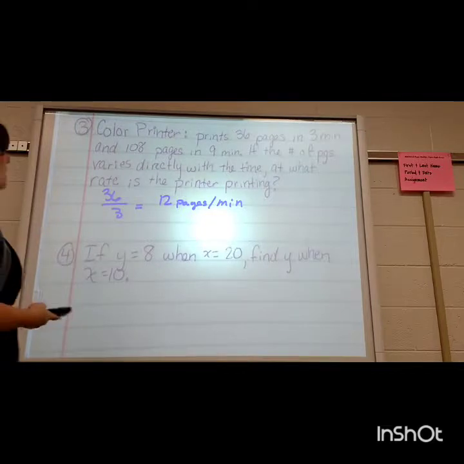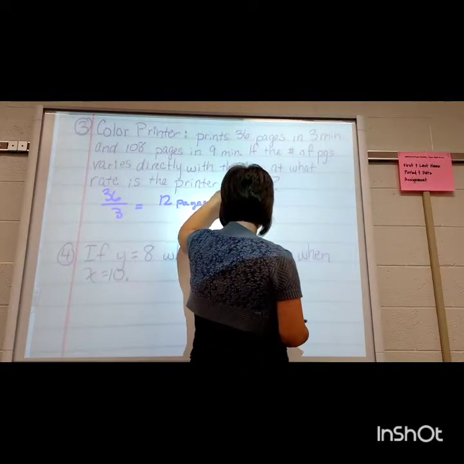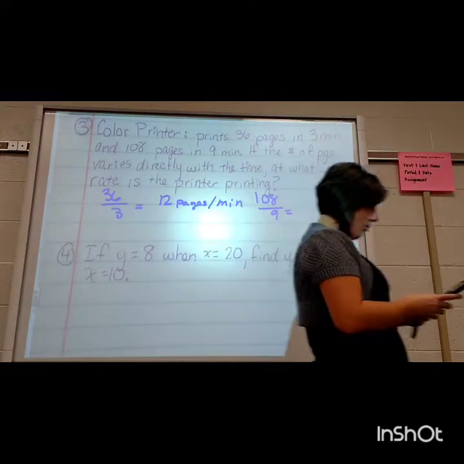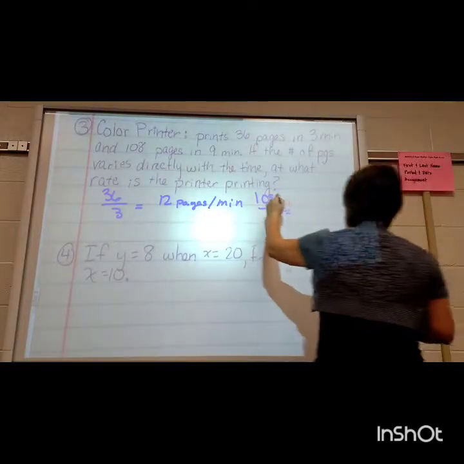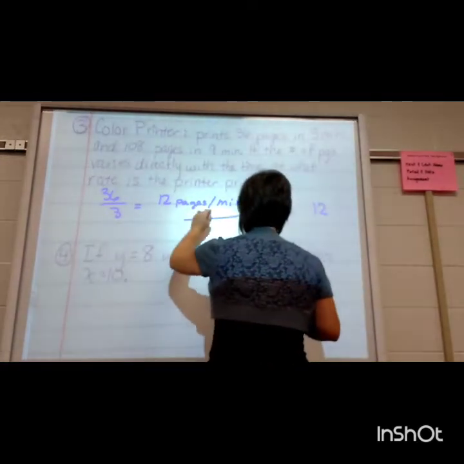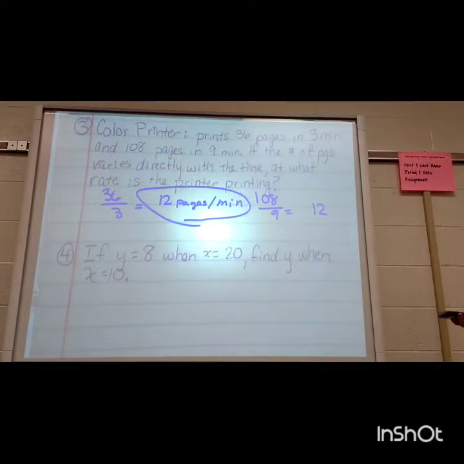The next one was 108 pages in 9 minutes. So you're going to do 108 over 9, and again you're going to simplify. 108 ABC 9, and again I got 12. So I know I'm on the right track, that 12 pages per minute is correct. So that is the rate.